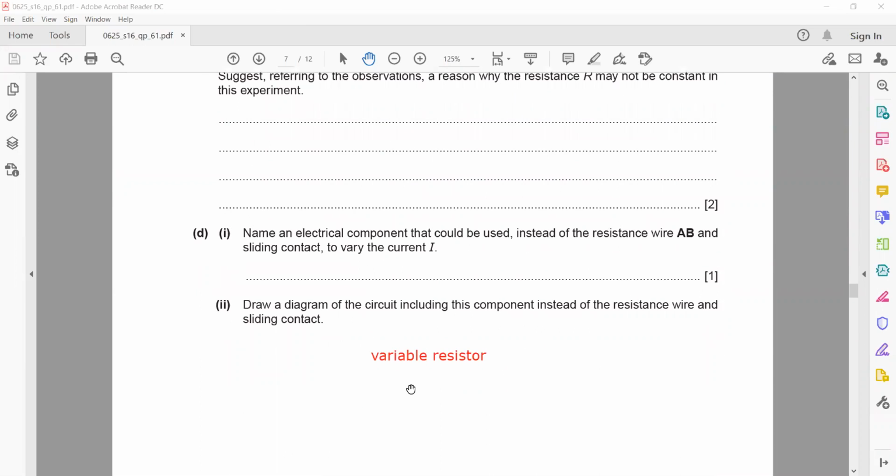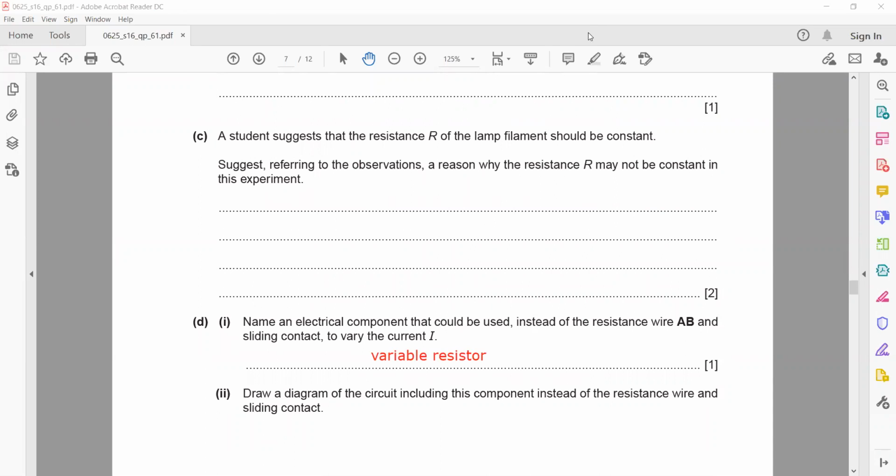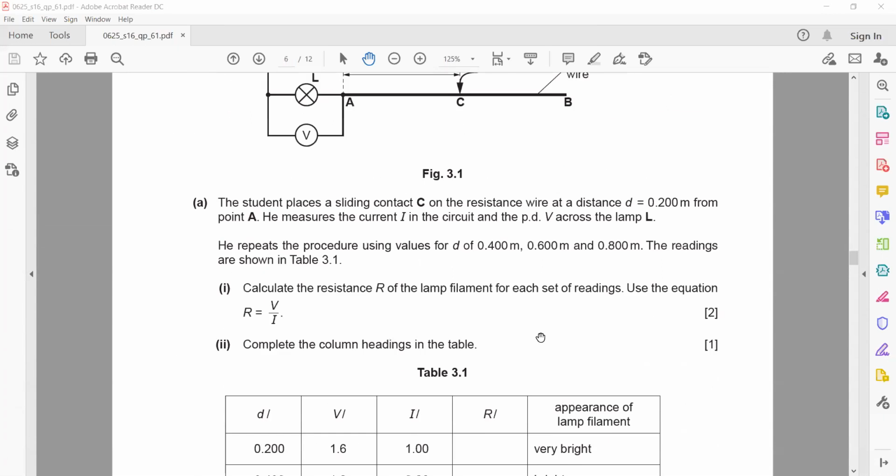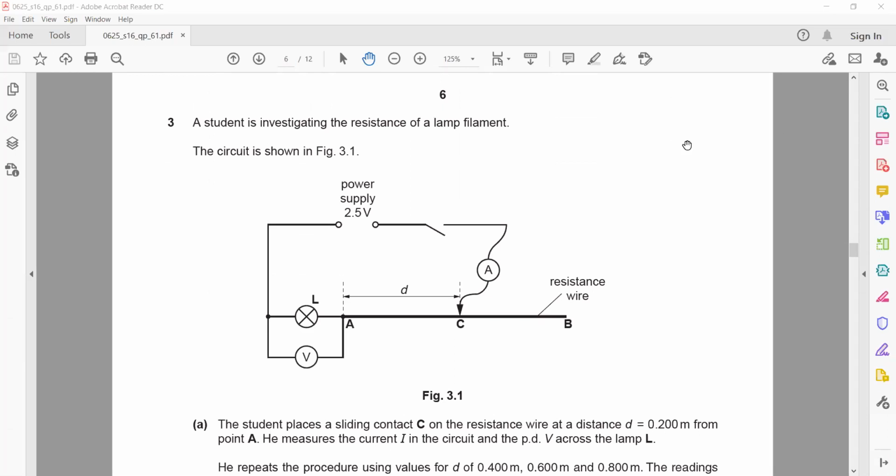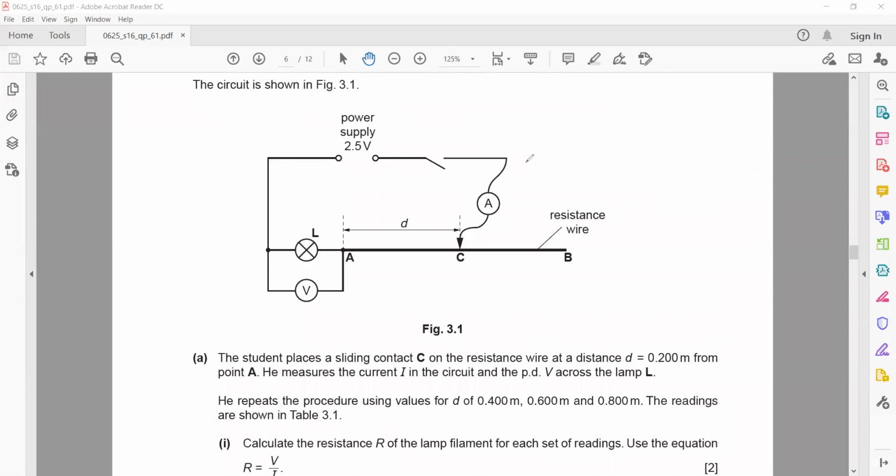Then draw a circuit diagram including this component. I will quickly draw it next to this, because less than 1 minute is left.